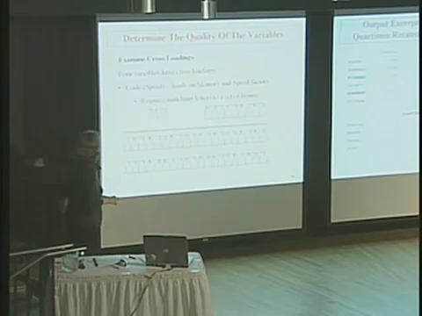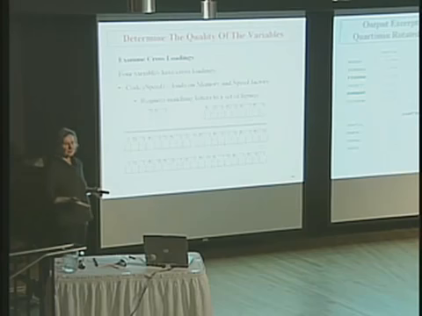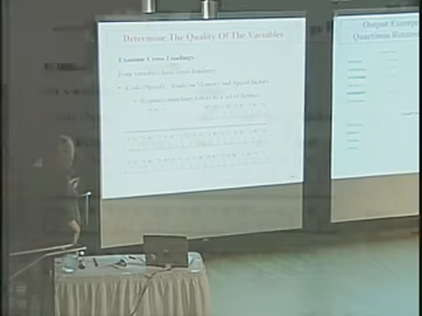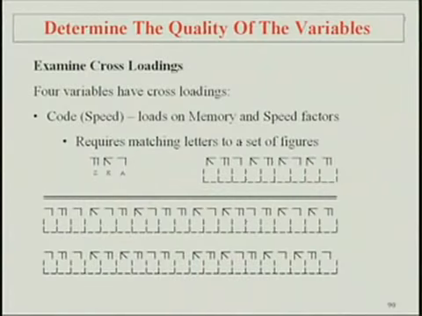Okay. So you have these cross-loadings. You settle on 4 factors. That feels really good. It looks strong. But you have to decide what to do about the factor indicators that had cross-loadings. So let's examine it. Let's look at the variable code. It's supposed to measure speed, but it loads on memory and speed. What it requires is matching letters to a set of figures.